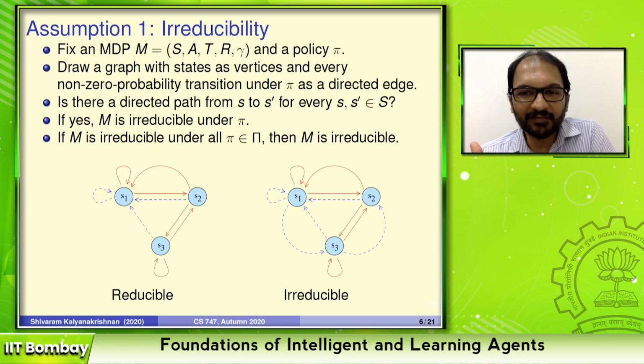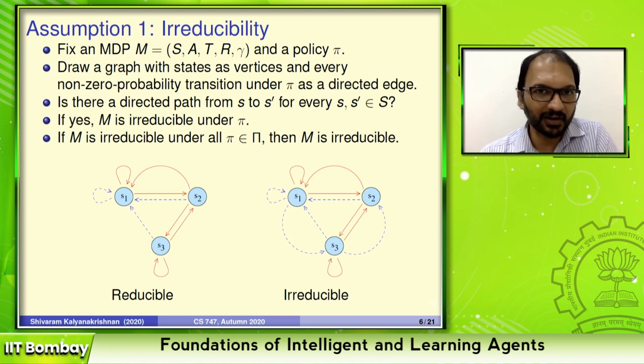I've drawn the arrows, the transitions which have non-zero probabilities. Any arrow drawn here corresponds to a transition that will happen with non-zero probability. Let's not worry about the rewards, and let's not even worry about the discount factor right now.